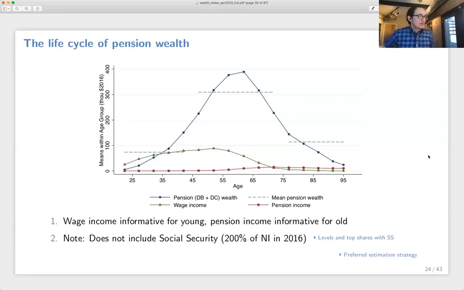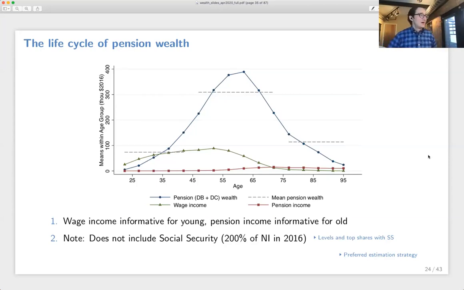Pensions. So what do we do? I kind of explained it. Basically, there's a very important life cycle component to pension wealth. People's pension wealth on average peaks around the mid to late 50s, basically before they've started decumulating their pension wealth. So we're going to try and adjust for this. We're going to use both wage income and pension income to estimate average pension wealth. We'll have a kind of dueling models between those two.